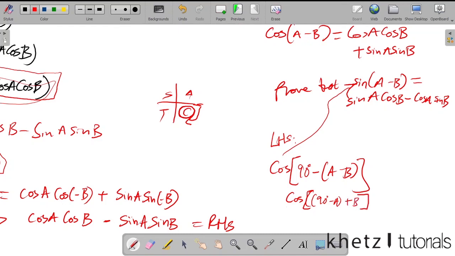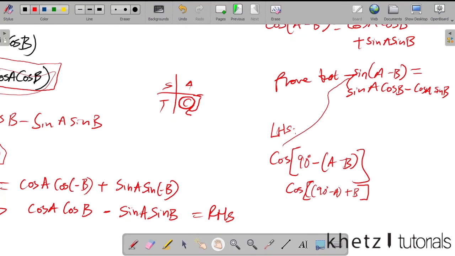Now we can divide this into two parts: the cosine of 90 degrees subtract A and the cosine of B, then you have your negative sine of 90 degrees subtract A multiplied by sine of B. I'm just running out of space, so just make sure you have that multiplying each other.